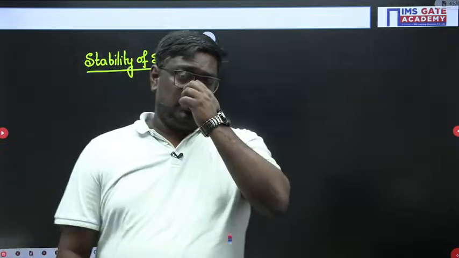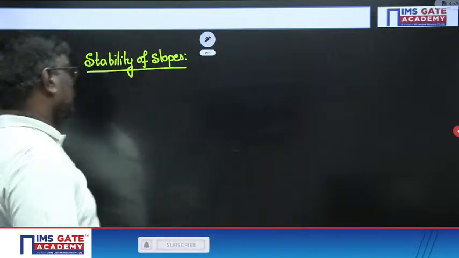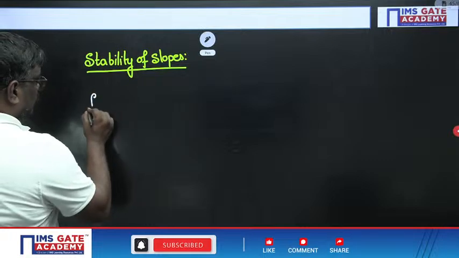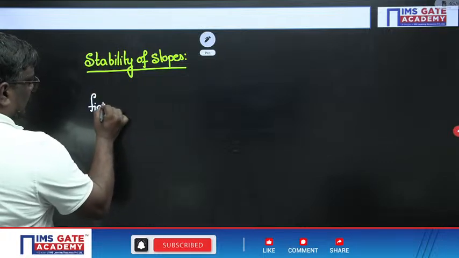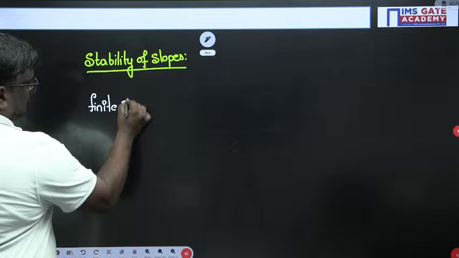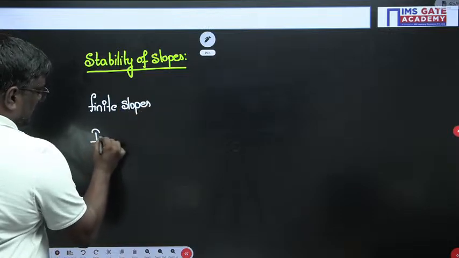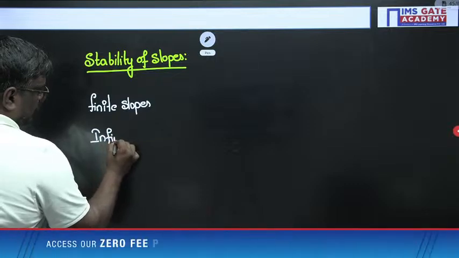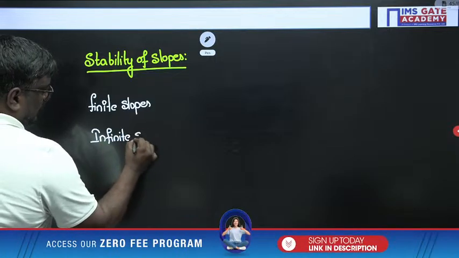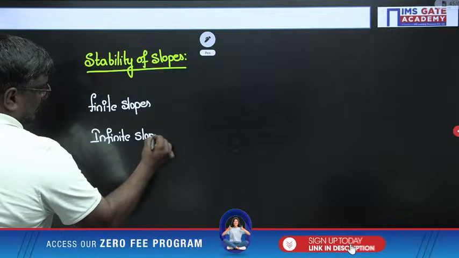Actually in slopes, there are two types: one is finite slope and the other is infinite slope.